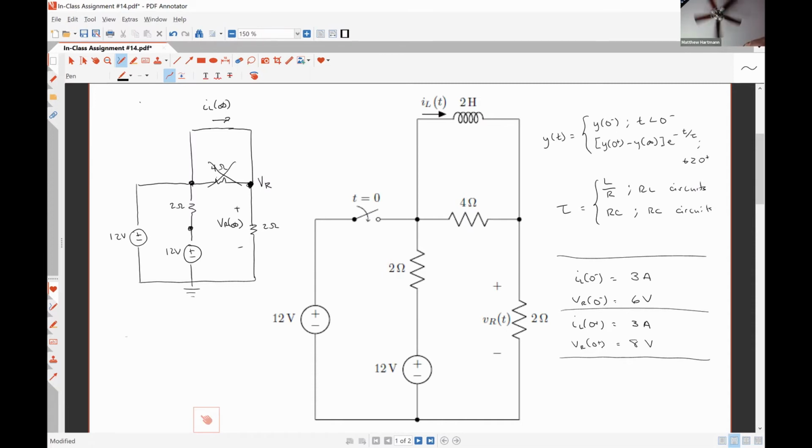So how would you guys suggest I solve for either IL at infinity or VR at infinity? To make things very clear, I'm going to go ahead and erase that 4 ohm resistor so that we don't accidentally include it in anything. We know the current flowing through it is 0, which means the voltage drop over it is 0.